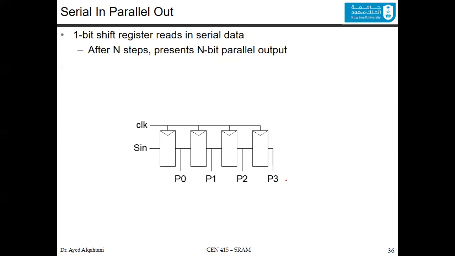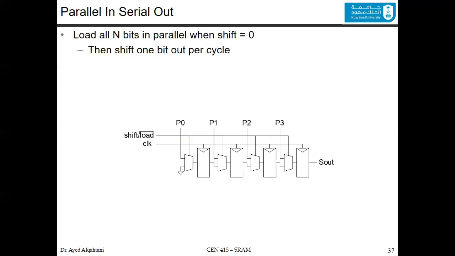So you read 4 bits of the same block. So we have here the parallel in, serial out. So now the inputs could be fed to the registers or the flip-flops in memory. So you have B0, B1, B2, and B3. You have a mux before each one of the registers because if you want to load, you will choose this value to be 0.